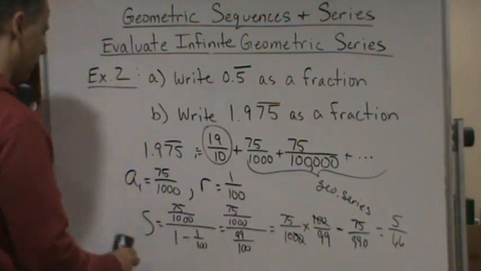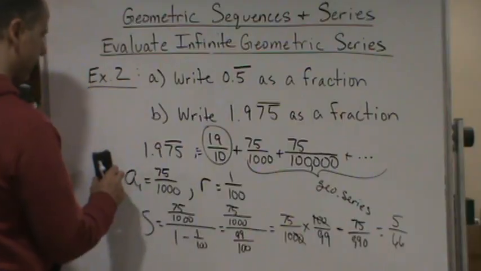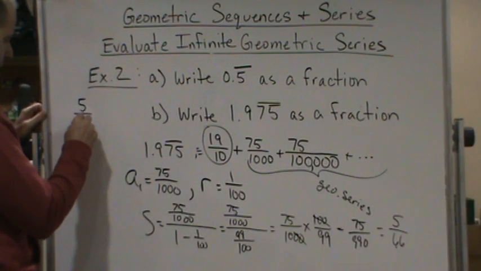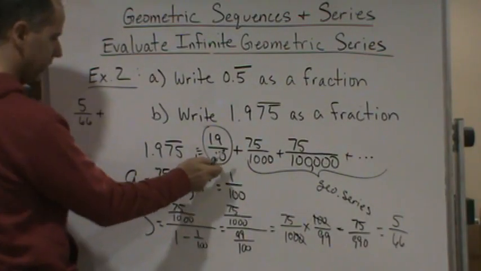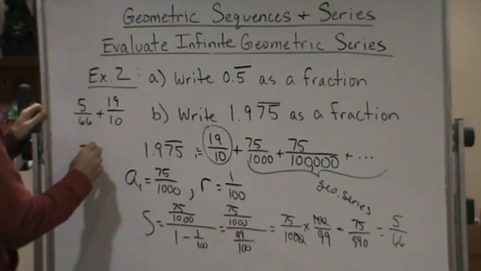And now we're almost done, because now all we have to do is take the 5 over 66. Let's do it up here. So we take the 5 over 66 and just add the 19 tenths.